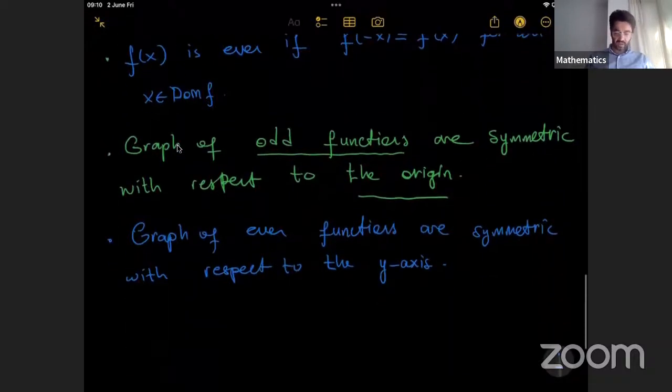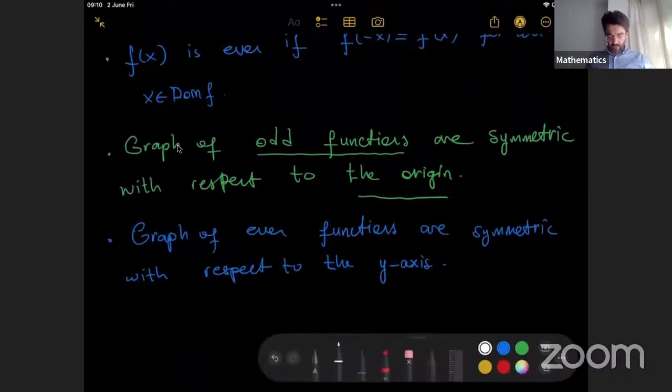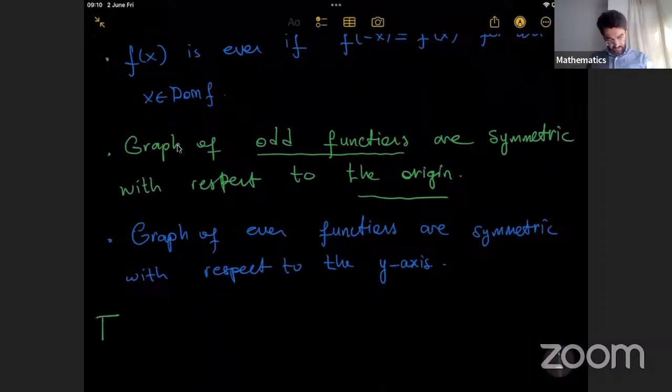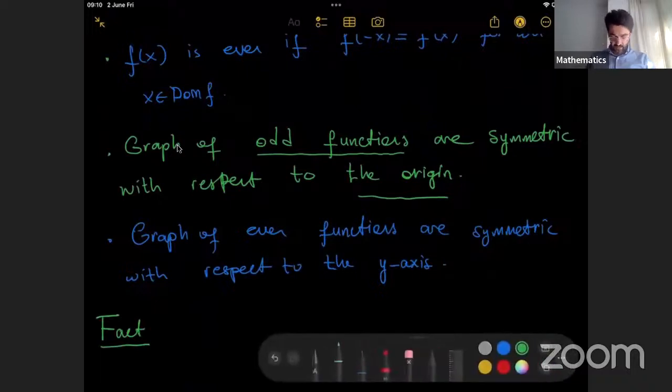What happens in the case of Fourier series? Well, this is a fact. Let's write here an important fact, and you can see why this holds.